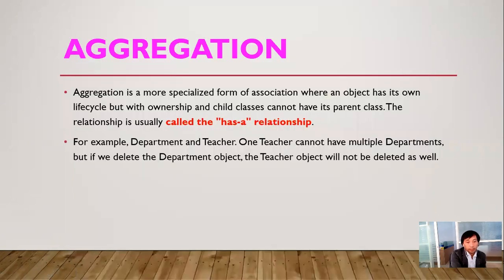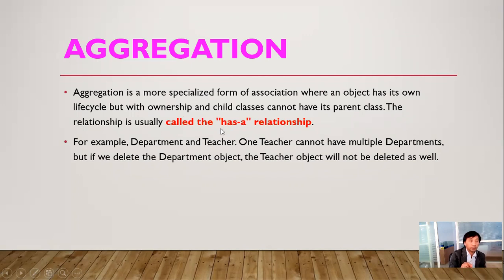And the next relationship would be aggregation, where aggregation is a more specialized form of association, where an object has its own life cycle, but with ownership, and child classes cannot have their parent class, and the relationship is usually called the "has a" relationship.